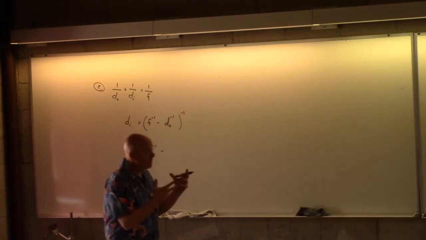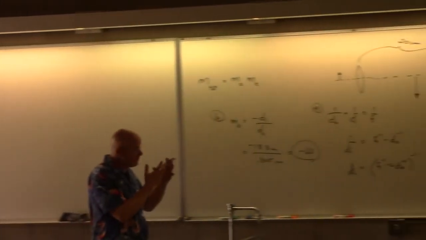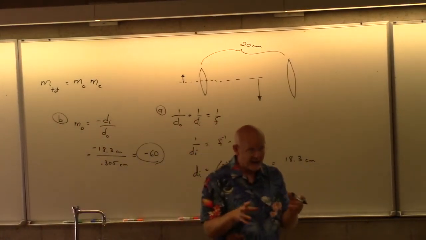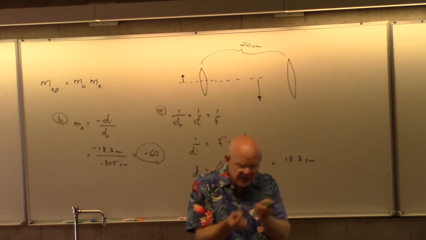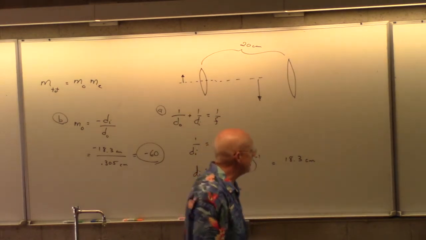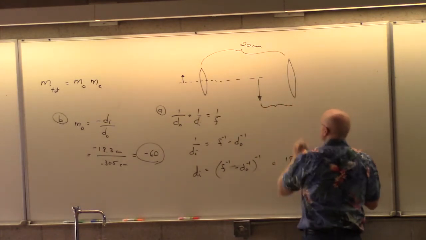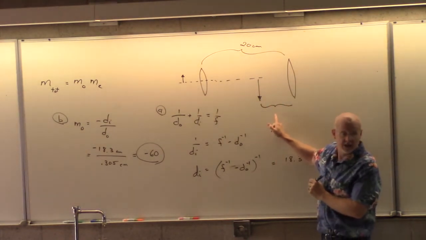The one I want to be careful with, and this is where understanding the picture and the question makes the hard part, it's not really so much the math, it is what does each of these symbols mean in this equation? And so for the second lens, this is the object distance.